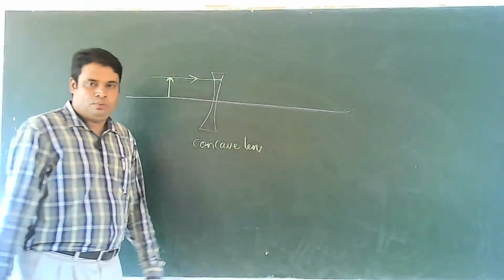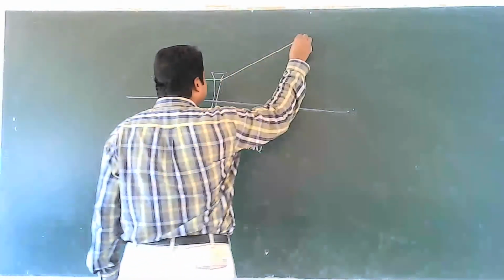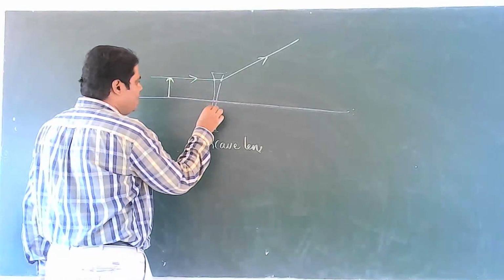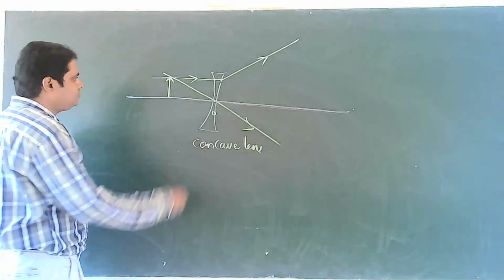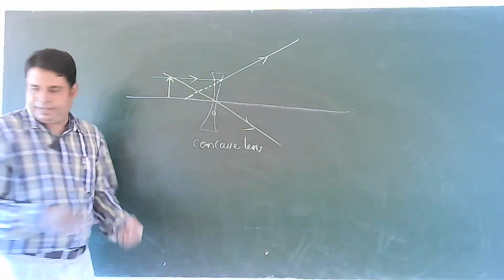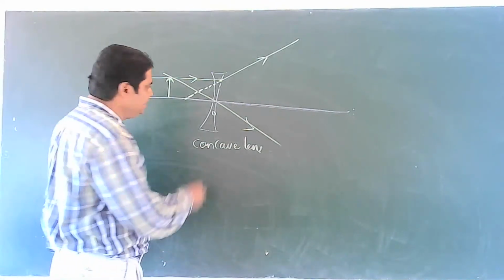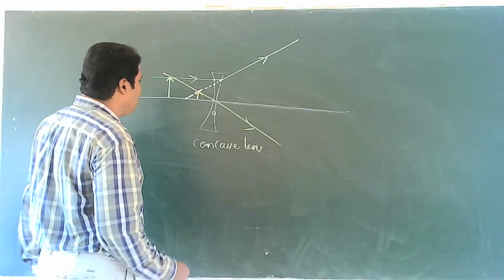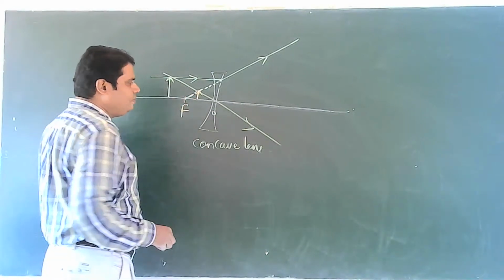A ray of light incident like this. We know concave lens is usually called a diverging lens. Hence, light diverges after refraction. Here somewhere we have O. Let me consider one more ray passing like this and trace this ray back somewhere here. Sorry, I forgot to bring colored chalks. Here we have the formation of image. This is F, this is O.